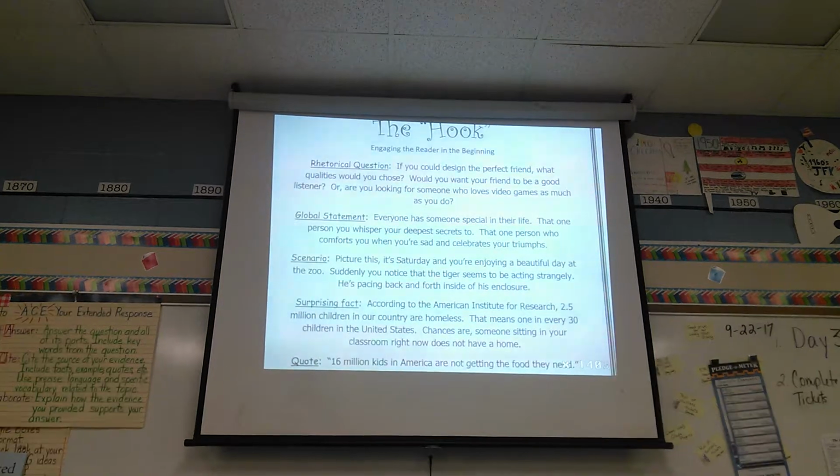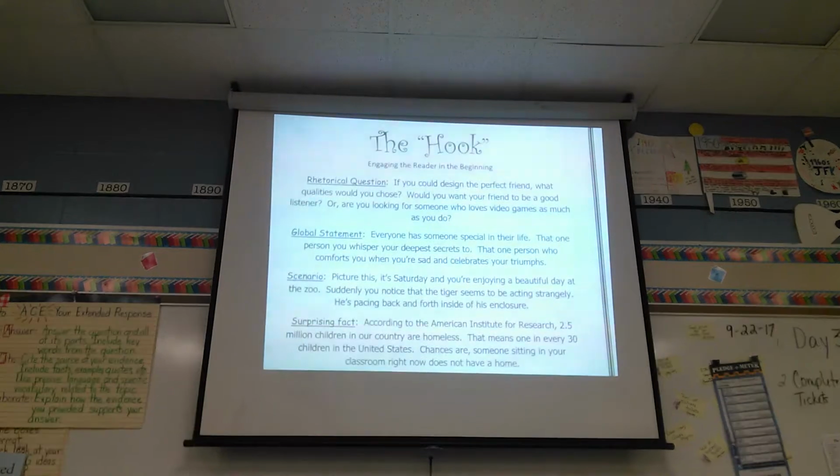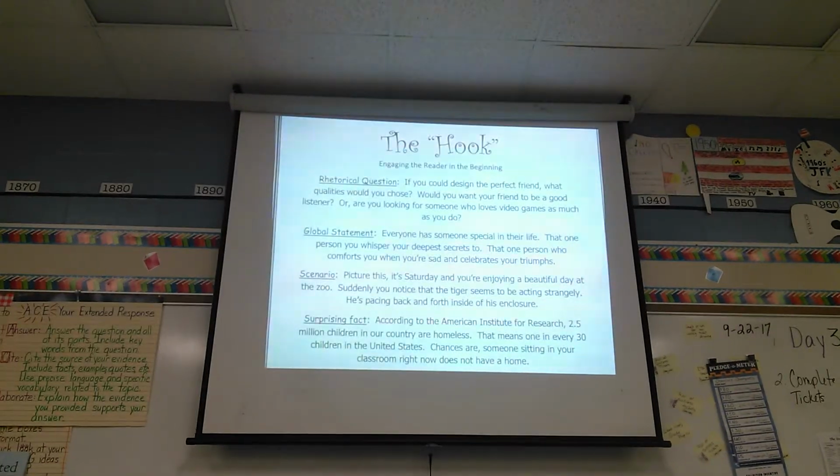And just like a hook is used to catch a fish when you're fishing, a hook can be used to catch a reader. We're talking about catching a reader's attention, catching a reader's interest. Okay, this sheet gives you 5.